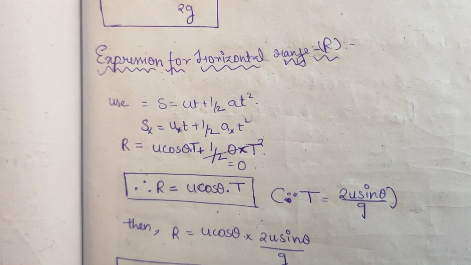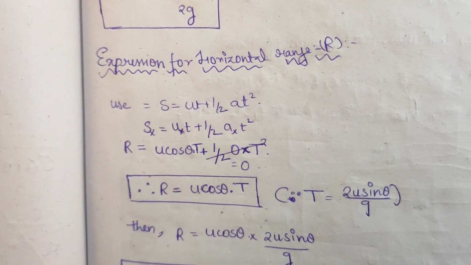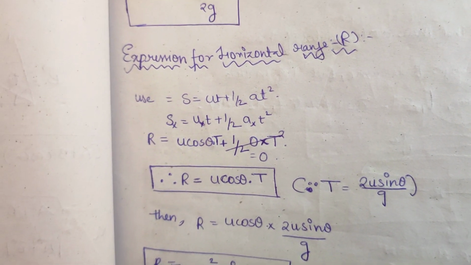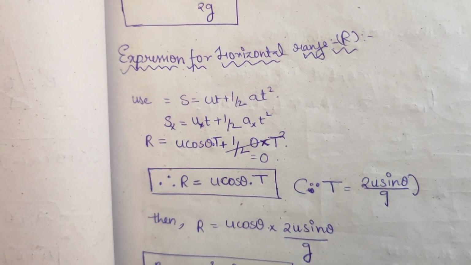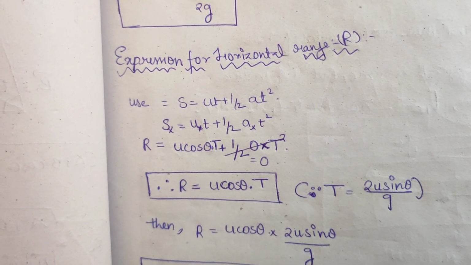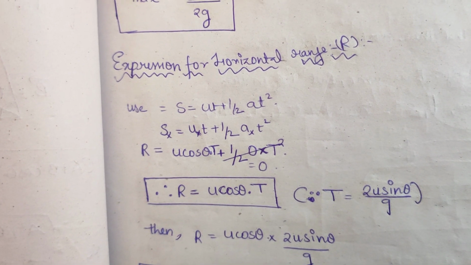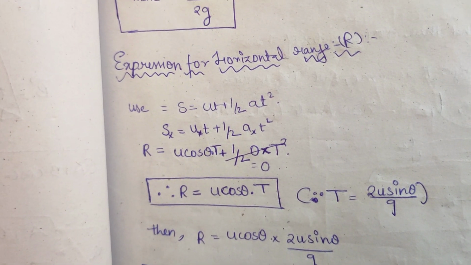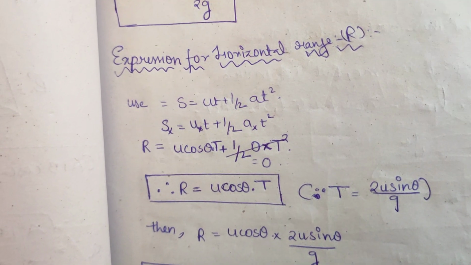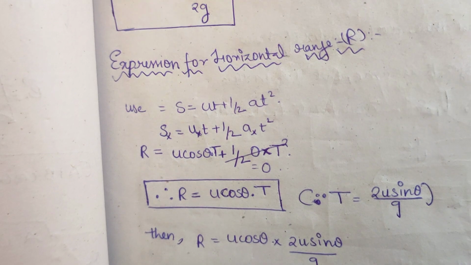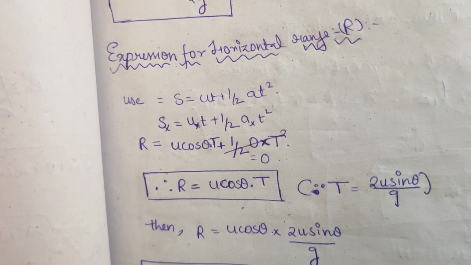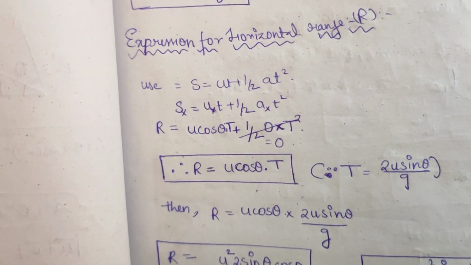Now let us derive the expression for horizontal range, denoted by R. Now use the formula s equal to ut plus half at square. Sx equals ux t plus half into ax t square. R equals u cos theta into t plus half into 0 into t square. So finally we get R equal to u cos theta into t.